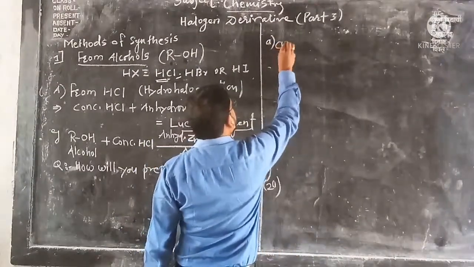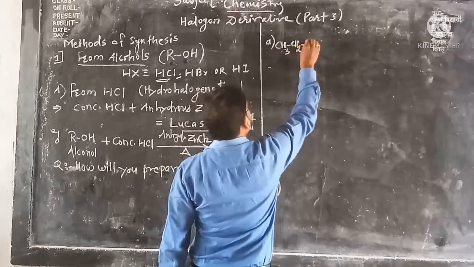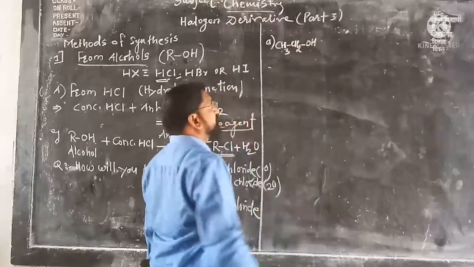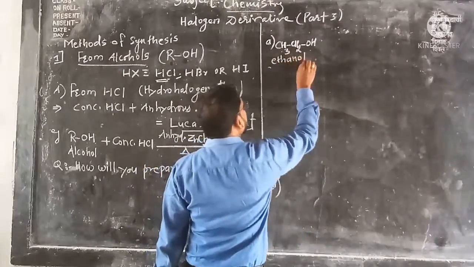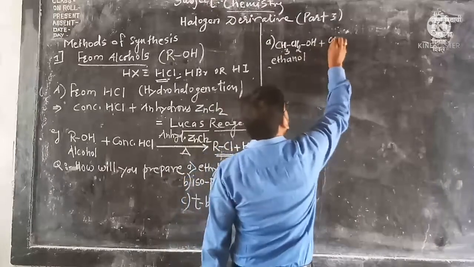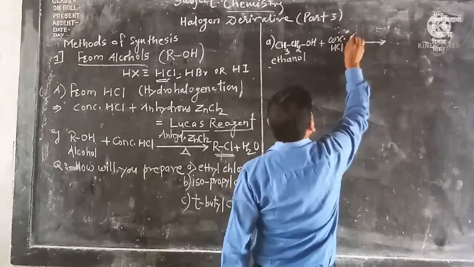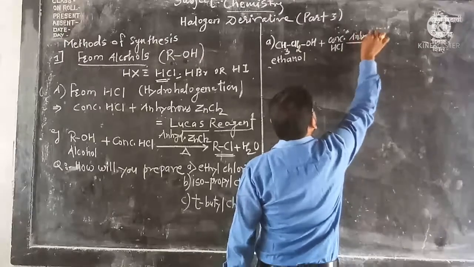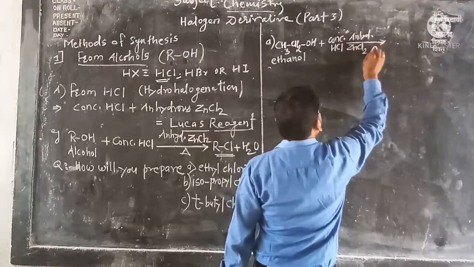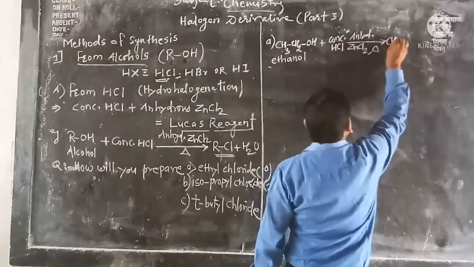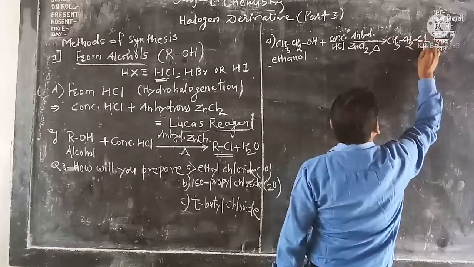So directly I am writing CH3CH2OH, this will be the reactant, known as ethyl alcohol or ethanol, plus concentrated HCl. On the arrow you know very well what we have to write: anhydrous zinc chloride followed by heat. Here you will get the desired ethyl chloride, CH3CH2Cl, along with water.